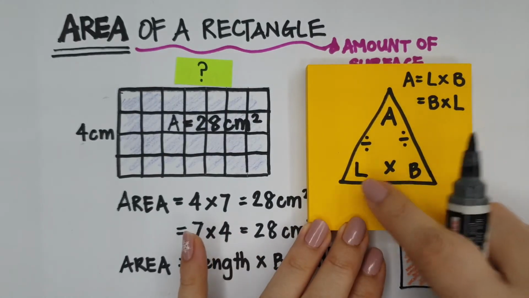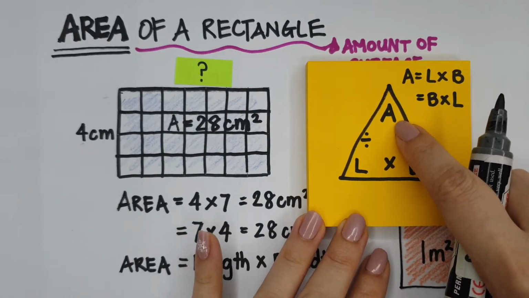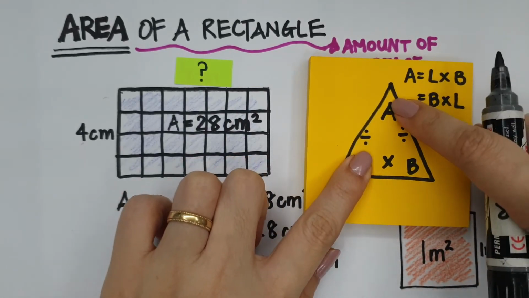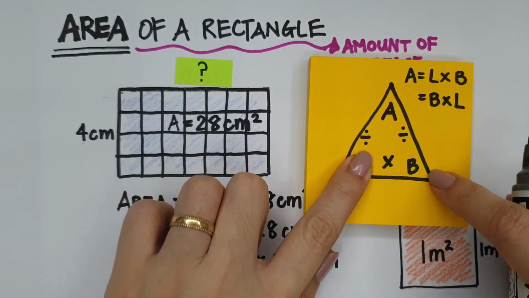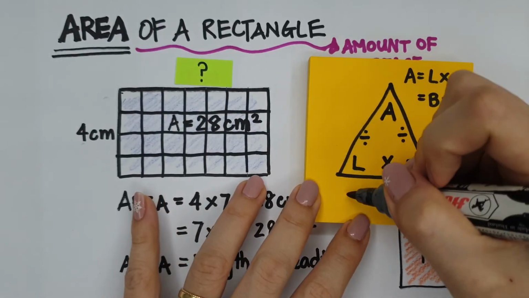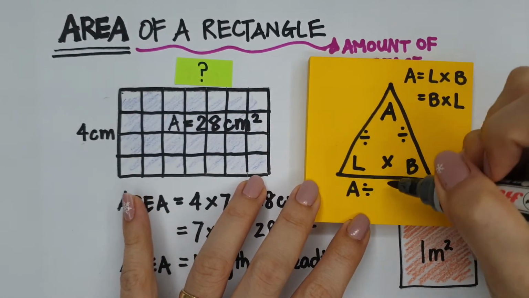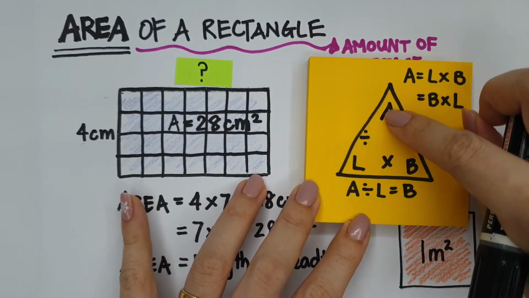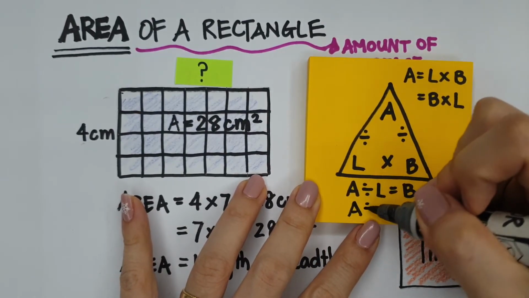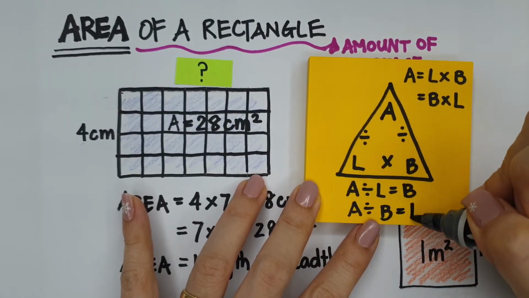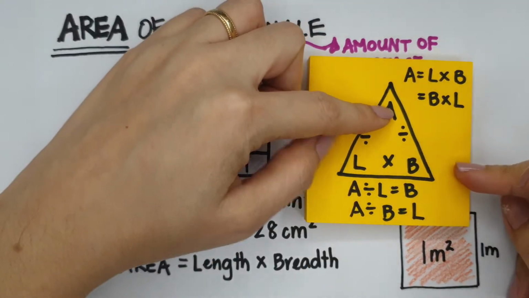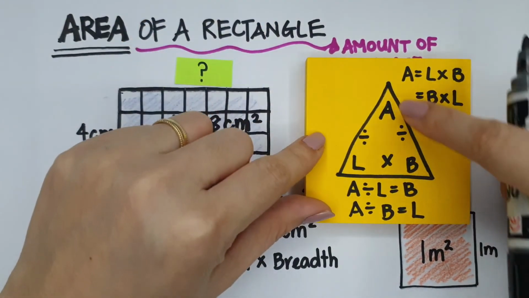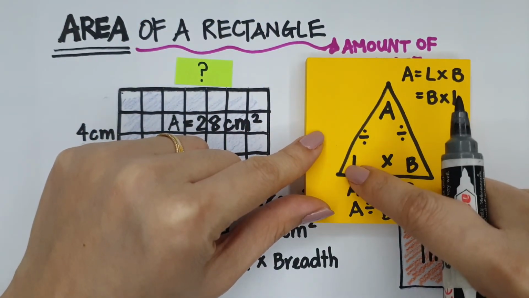What happens if I have the area, but now I want to find the length? So I do area divided by breadth, which will give me the length. Okay, so I'm going to write it down. Area divided by length will give me the breadth, or area divided by breadth will give me the length.